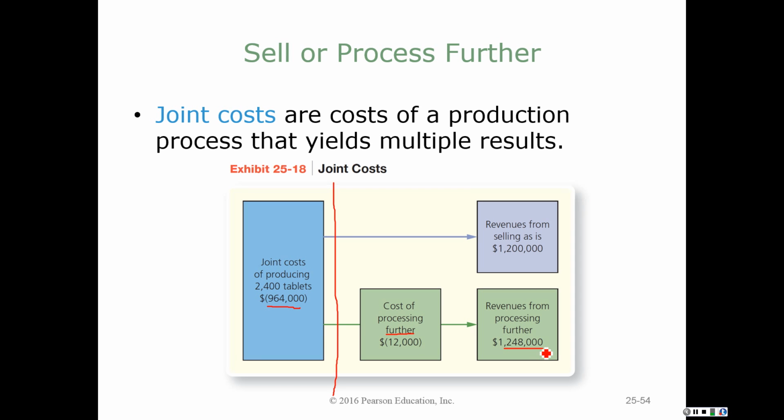So I'm looking at additional revenues and additional cost beyond the split off. The $964,000 that I spent on these tablets prior to considering the USB port are joint cost, and these costs will not change regardless of whether I add the USB port or not. So these are considered sunk cost, and they're not relevant to the particular decision at hand.